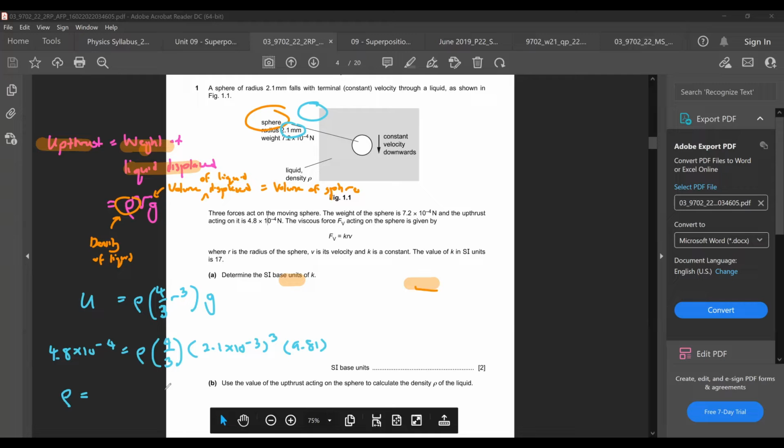You should be getting the value as 3.96 times 10 power 3 kg per meter cube. This one is very, very dense, but let's check the answer.